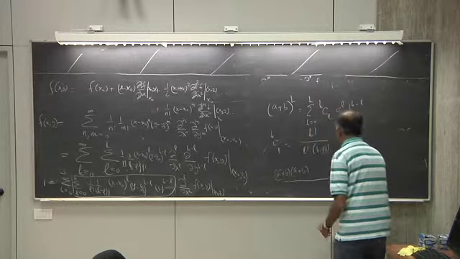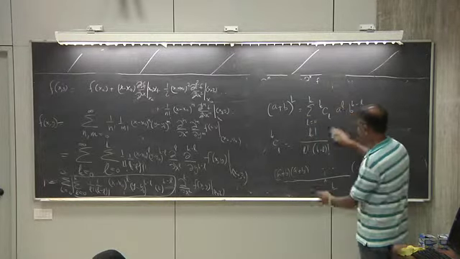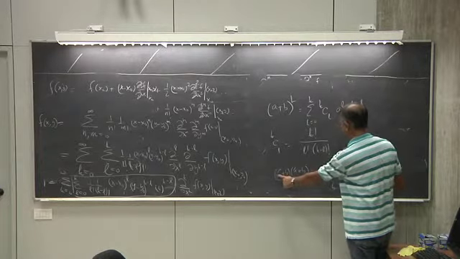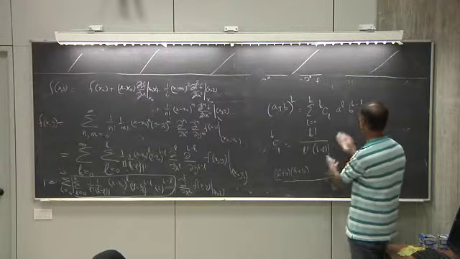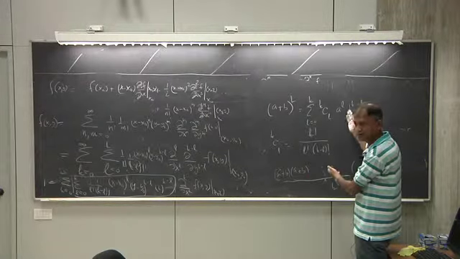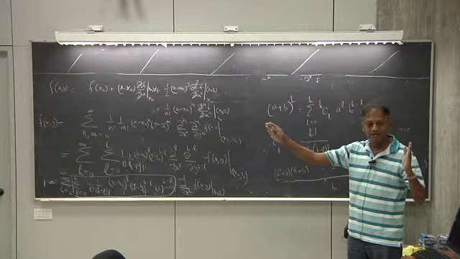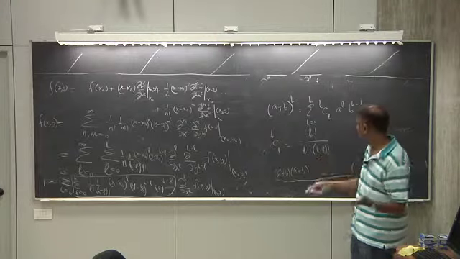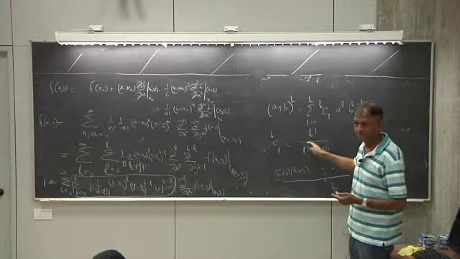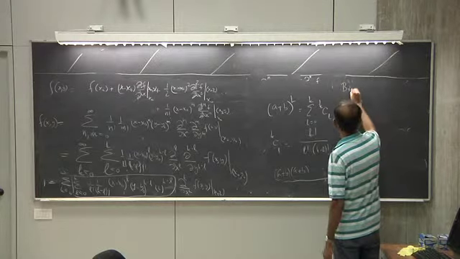So there are k factors, and such a term will appear when, out of these k possibilities, I take l a's from there. Then of course the remaining must be b, so that's why it's k minus l. So it's a question of combinatorics: out of the k things, you want to pick l a's, and how many ways you can do that is just that number. That's the combinatoric. So this is what's called the binomial expansion.